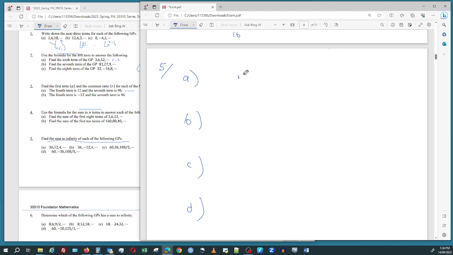So r is going to be 4 divided by 12, which is a third. And because it's an infinite sum, we have to check that the absolute value of r is less than 1. So in this case here, the sum exists.